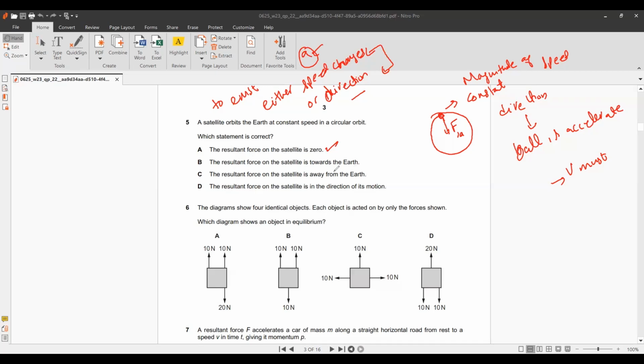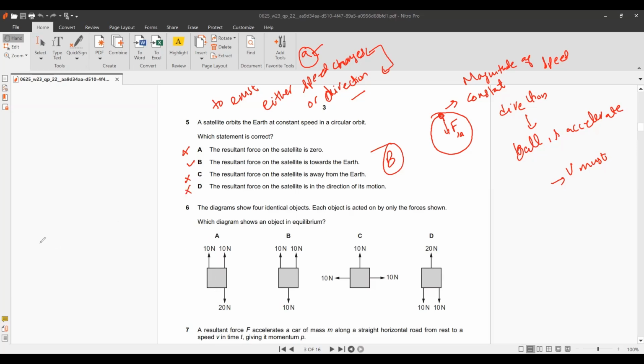The resultant force on the satellite is not zero, it's towards the center, which we have just discussed. The resultant force on the satellite is towards the Earth. That's correct. The resultant force on the satellite is away from the Earth. That's wrong. The resultant force on the satellite is in the direction of its motion. No, it's always towards the center. So the only option we are left with is option B.